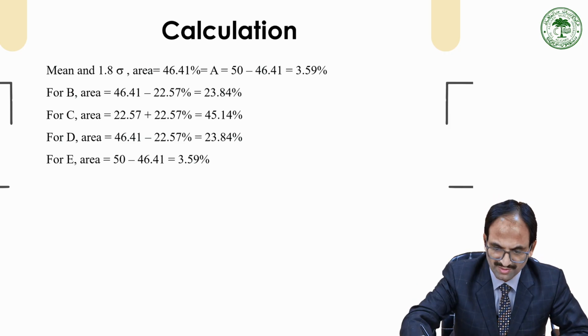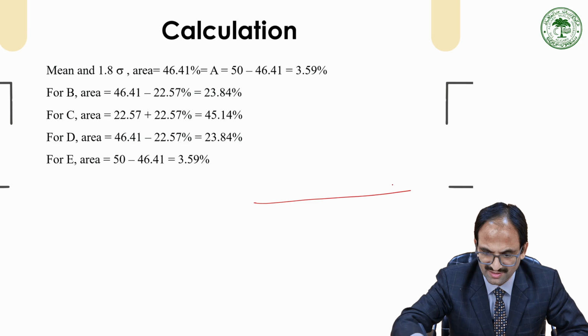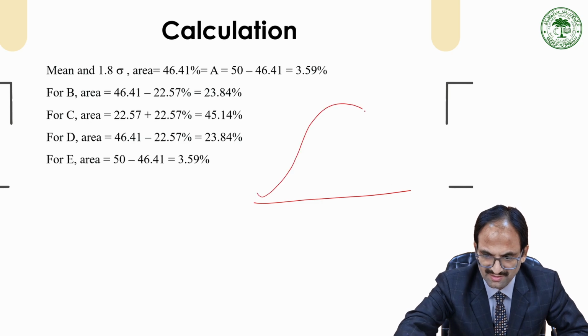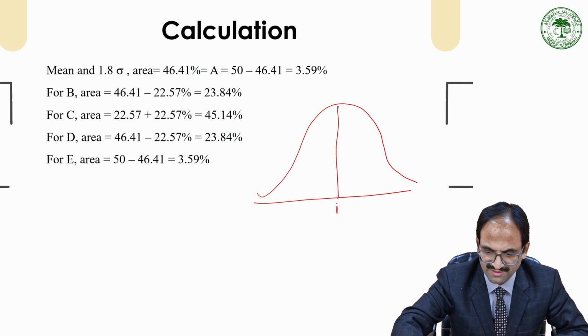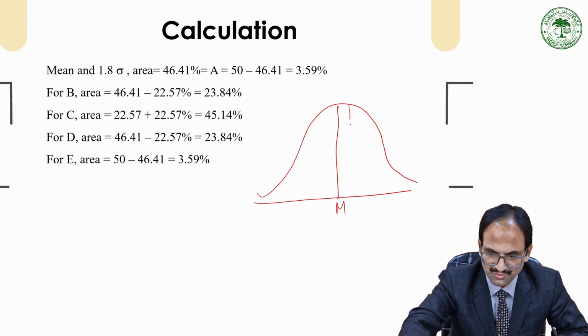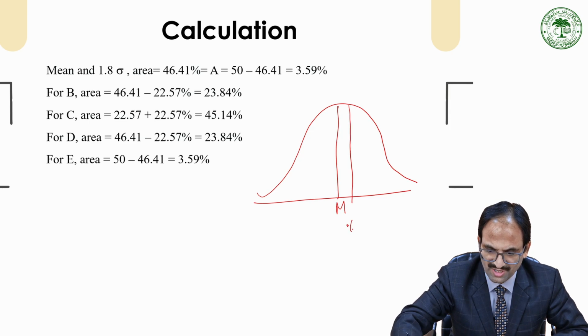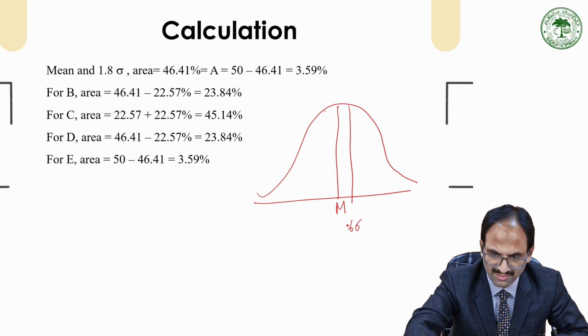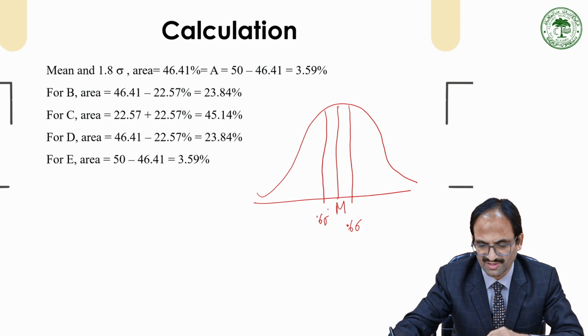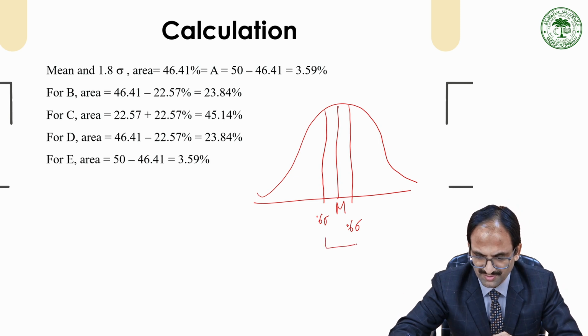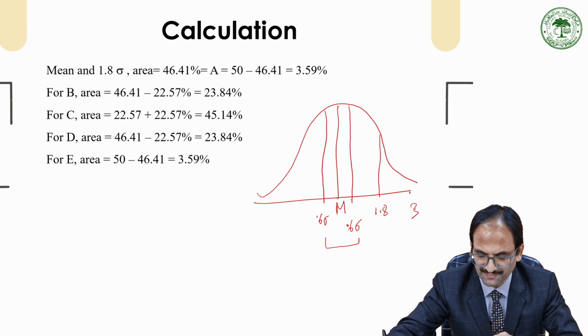So, this is the case. This is the mean. Here 0.6 sigma and this is 0.6. So, this is the first group. Similarly, from 0.6 to 1.2, that is 1.8, and from 1.8 to 3.